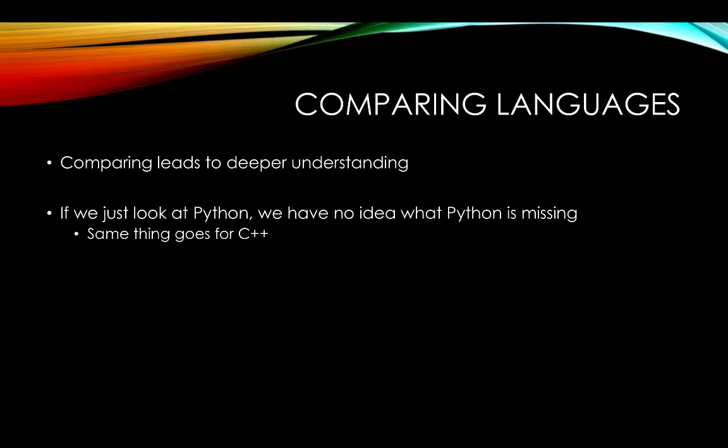So if we just look at Python, we don't know what Python is missing. But if we look at Python and C++, we start to see, oh, Python doesn't deal with typing, but we do in C++, and it gives us an advantage in C++, or it gives us an advantage in Python. There are times when it's an advantage, sometimes when it isn't. And by looking at what a language has and what a language doesn't have, I hope we'll have greater understanding of how the programming languages work.